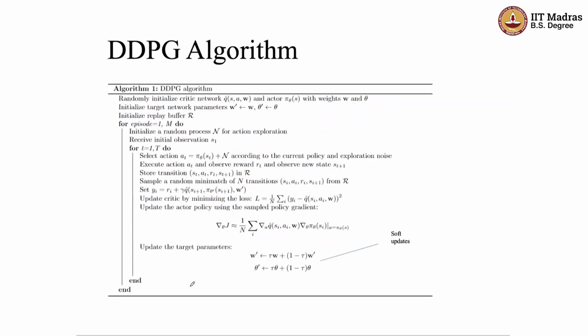Right. So putting all of these things together. We start off with initializing the Q and the policy, and then we initialize the network parameters. Then we get a replay buffer.